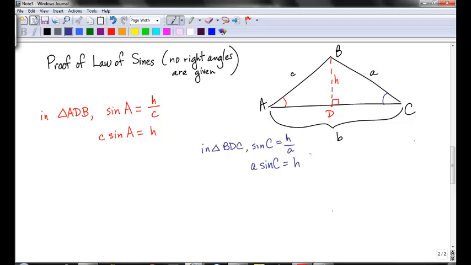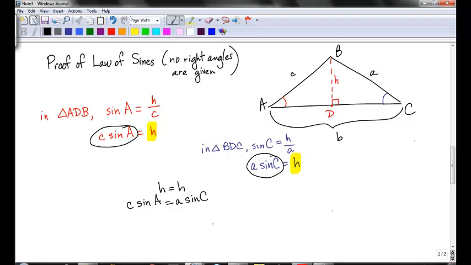Now you use the reflexive property, h equals h. So sub this in on one side, c sine of angle A, sub this in on the other side, equals a sine of C.